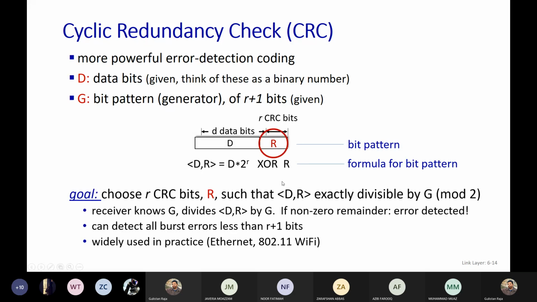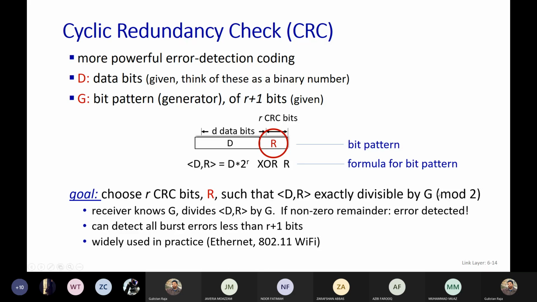So what is the goal? The goal is to choose the R CRC bits, which collectively we call capital R, such that D and R are exactly divisible by G. What is G? G is the generator.